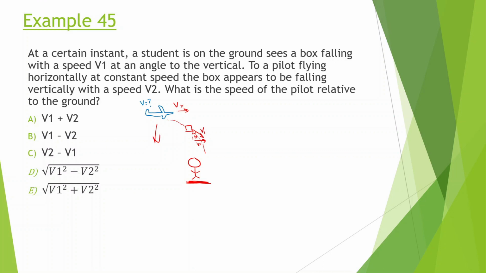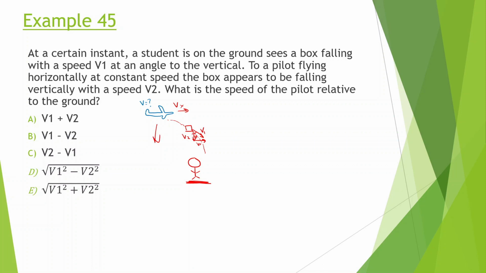And if those two are the same, what we should be able to find out is, to a pilot flying horizontally, it appears to be falling vertically with speed v2. So that means this right here is going to be v2, because even when he's traveling like this, he's not going to see this vertical motion. All he's seeing is this vertical motion, which is v2. So we're trying to figure out what this vx is, because if we can figure out what this vx is, that's what we know is the same as the pilot's motion.